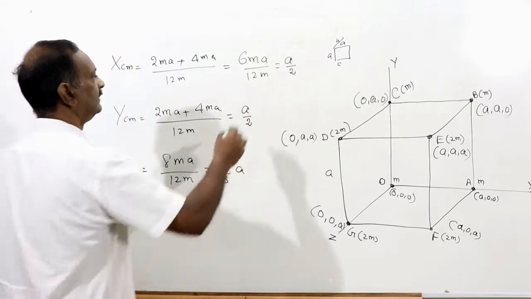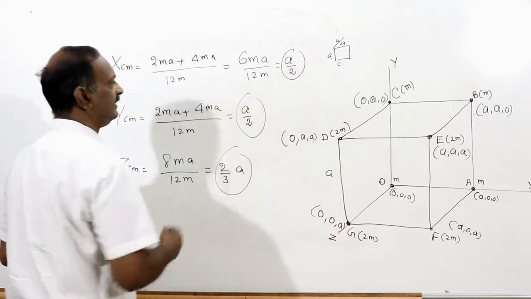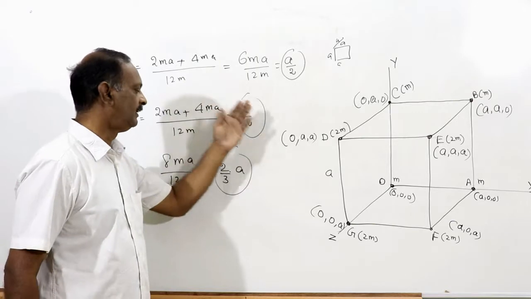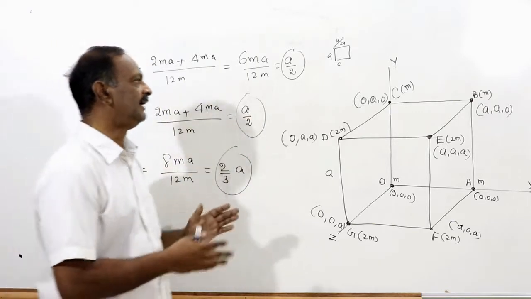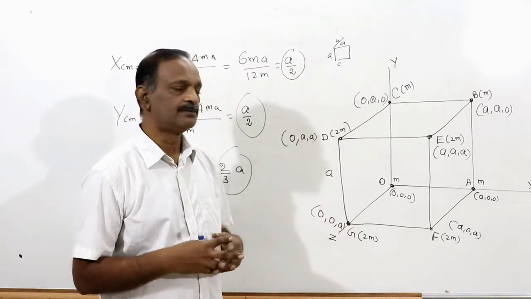So these are XCM, YCM, ZCM in space with the coordinates A by 2, A by 2, 2A by 3, where the center of mass is supposed to be concentrated.